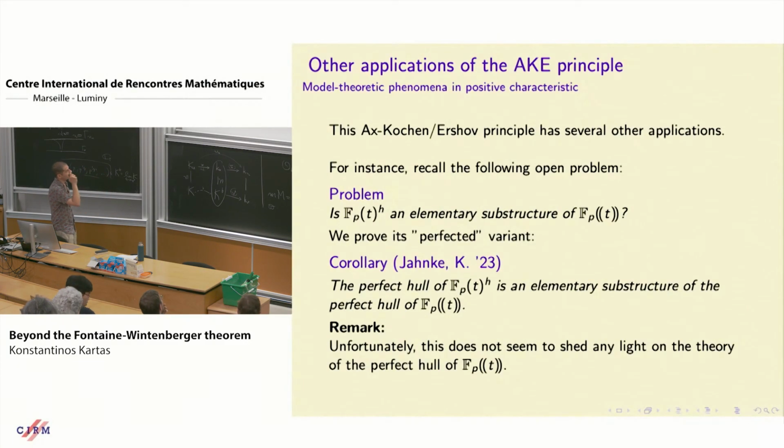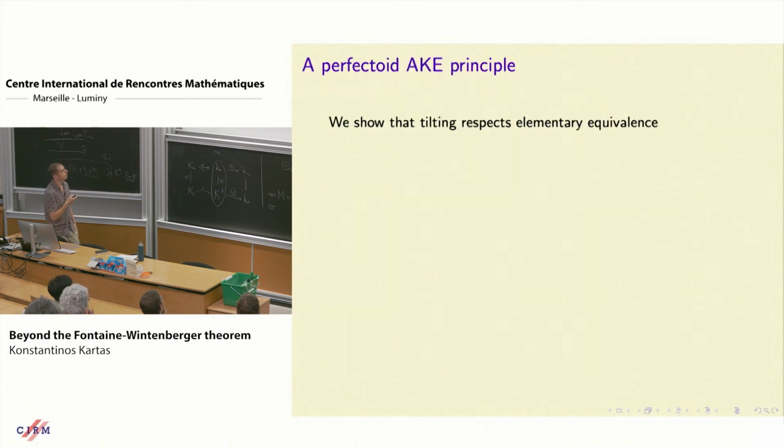Okay, there are many other applications of similar flavor contained in the paper, using the same trick, basically. Another application is that tilting respects elementary equivalence, but one needs to be very careful.